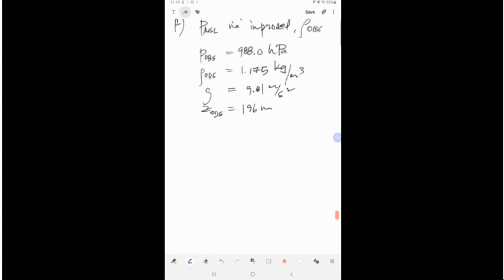So we'll just restate the hydrostatic equation. The mean sea level equivalent pressure is equal to the observed pressure plus rho observed times little g times the height at which the observation was made, the altitude loss.